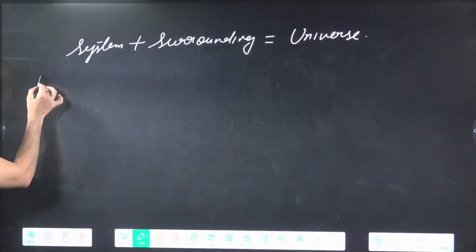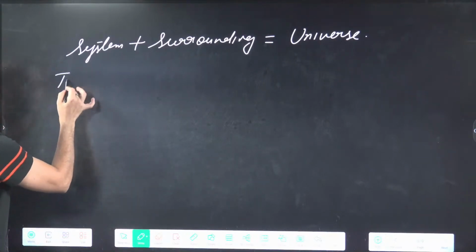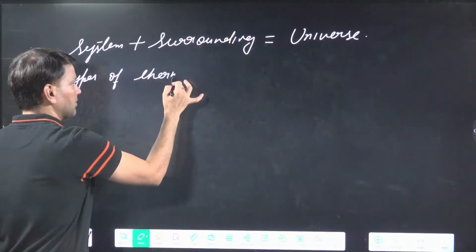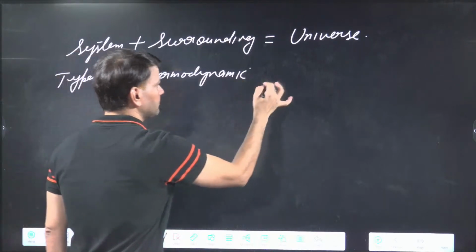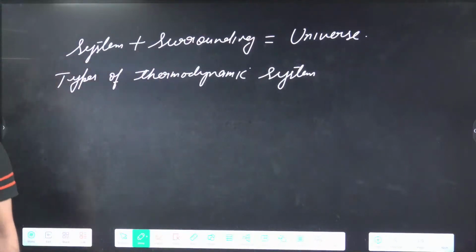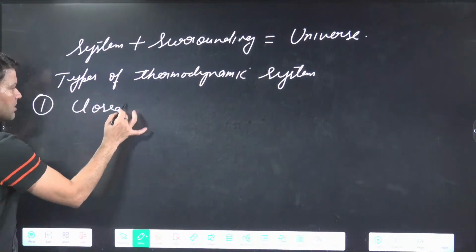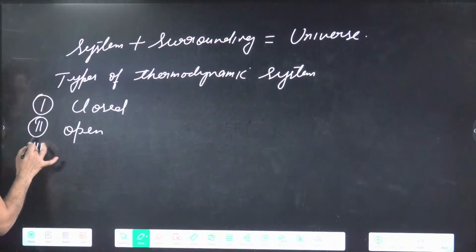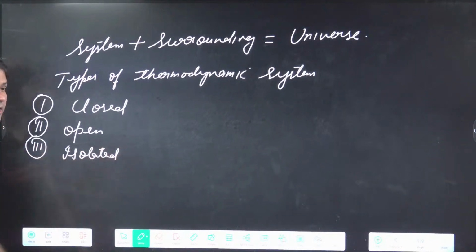So we have learned the three types of thermodynamic system. I think most of you know them: closed system, open system, and the third one is the isolated system.